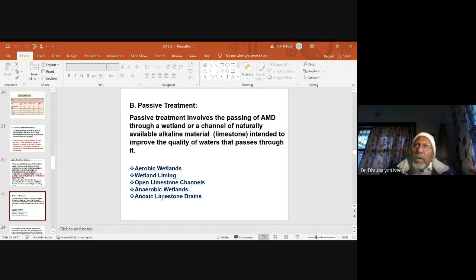So in anoxic condition, we are treating the acid mine drainage. The commonly used method is open limestone channel, where acid mine drainage is passed through a limestone channel slowly. And limestone is a cheap material, so it is a viable method and it doesn't need much technical assistance.